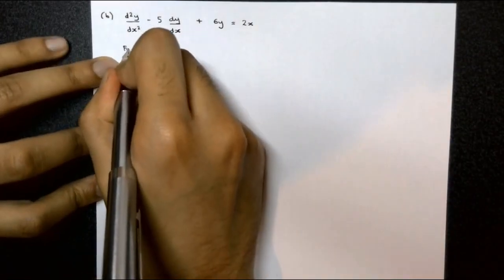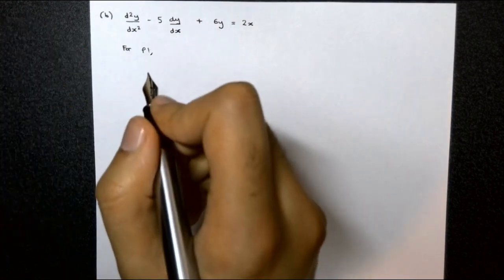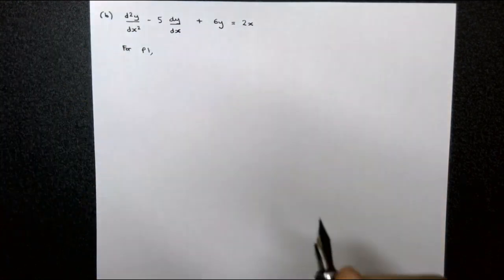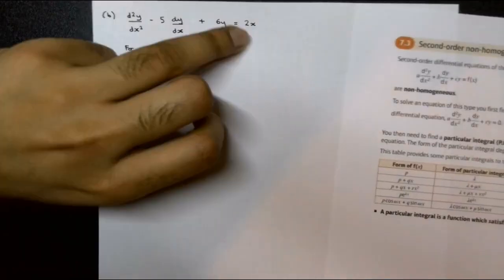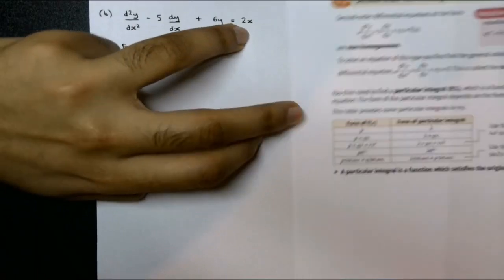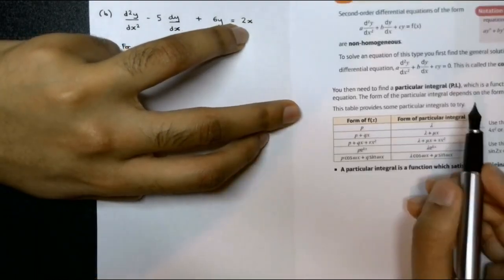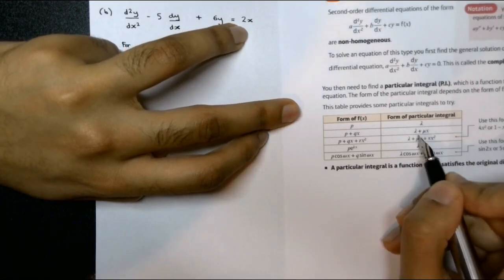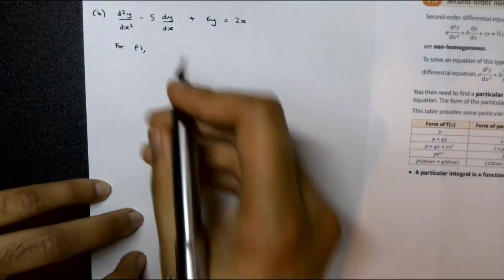So for the particular integral, if we go back to the table which we introduced previously, you'll notice over here we have f of x of this linear form, and therefore our particular integral will be of this form here.